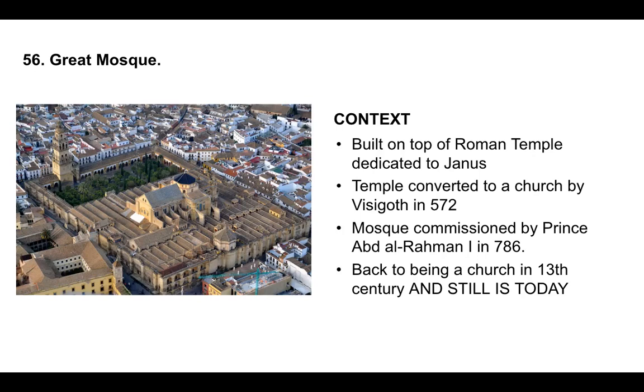And then, like I said, it was converted back into a church in the 13th century, and it still is considered the Cathedral of Cordoba today. The cathedral is the seat of the bishop in the city of Cordoba, so it's the most important church in the city. But we're going to focus most of our attention on the fact that it was a mosque.